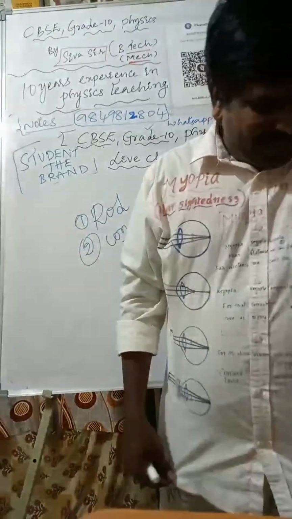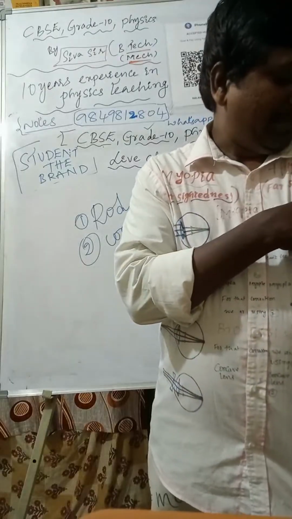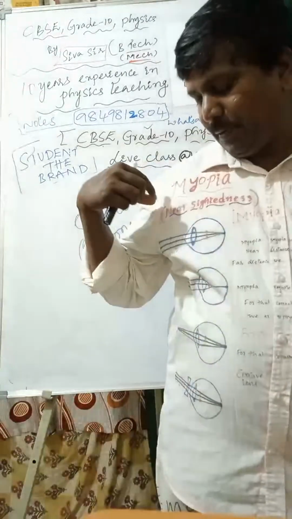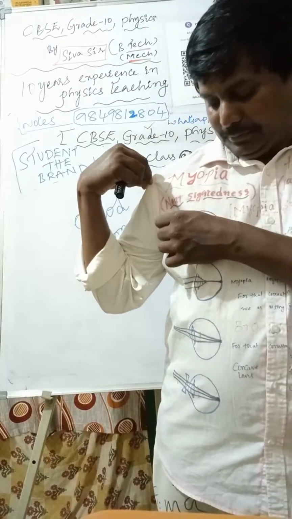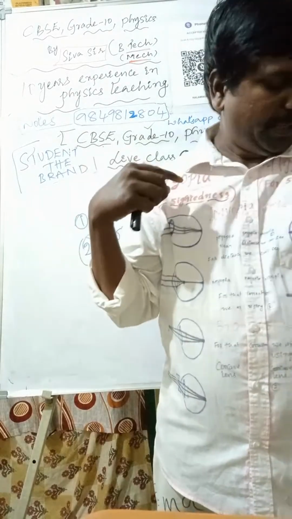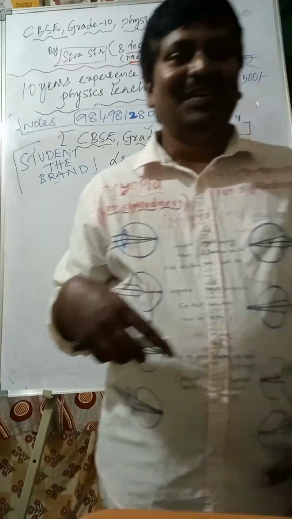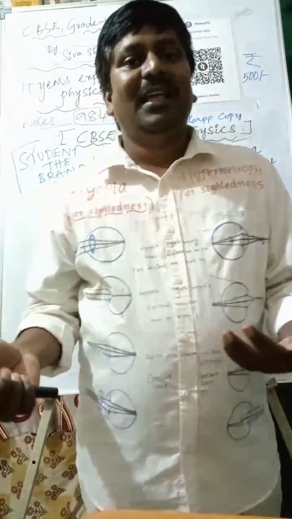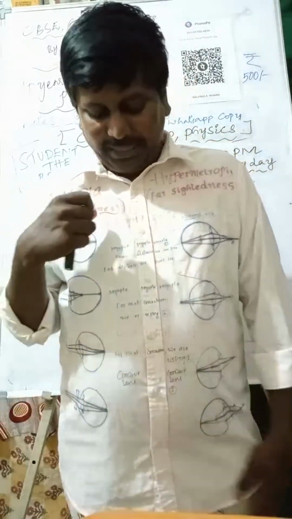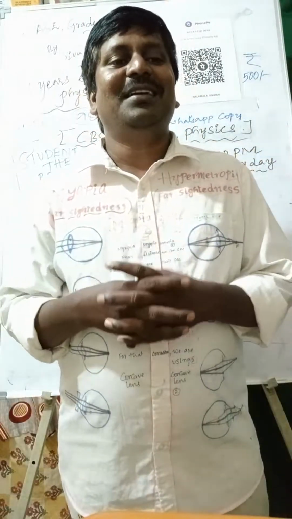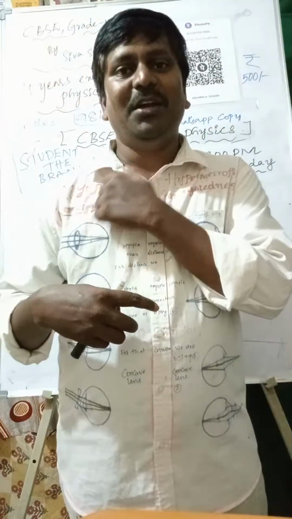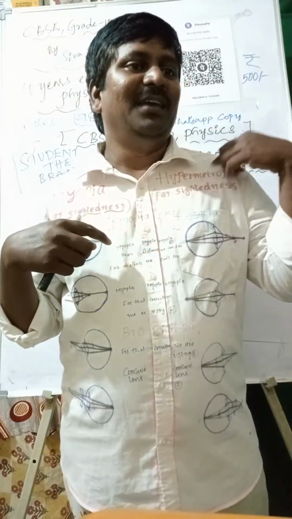You can see, this side is myopia and this is hypermetropia. I designed it like this, and the song also I wrote here. Here you can see the right side is myopia and the left side is hypermetropia.